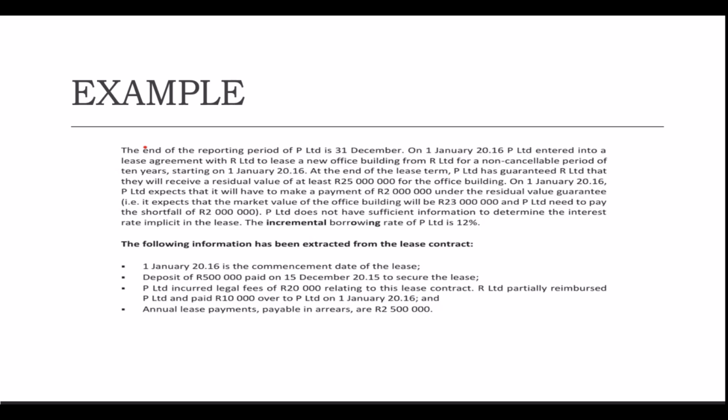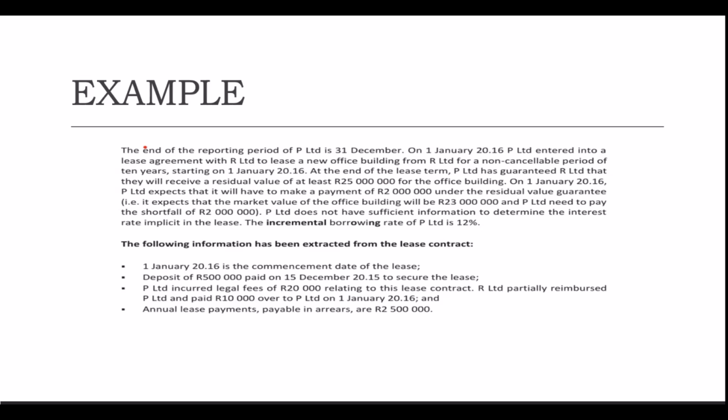Good. Annual lease payments payable in arrears are 2.5 million. So they've given you what? The lease payment on a yearly basis, 2.5 million. So okay, cool. That's the information you have. You know the present date, 1 January 2016.